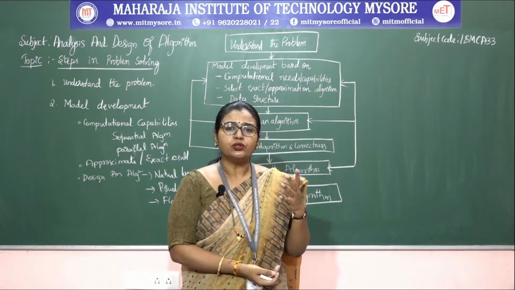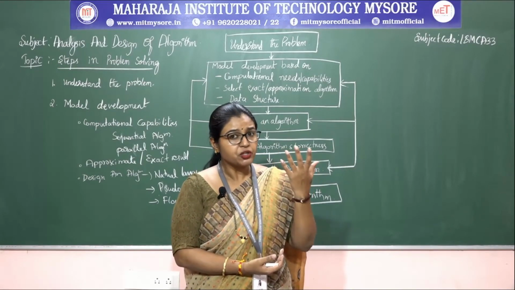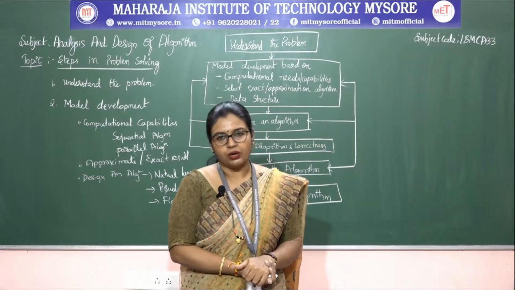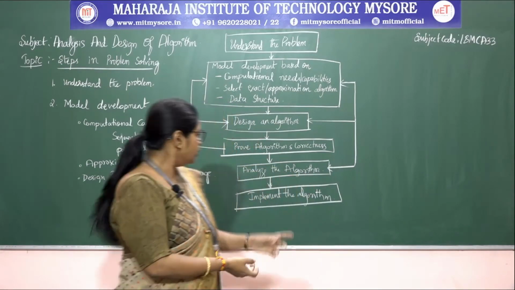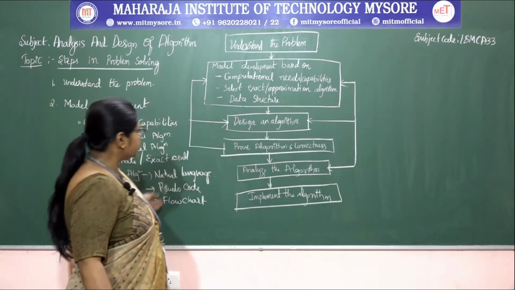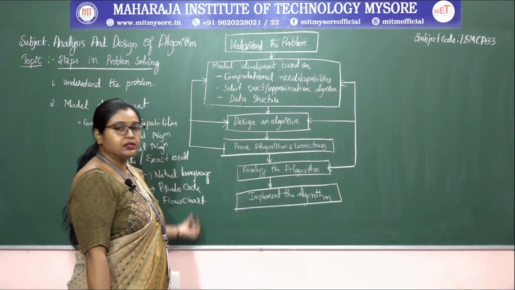That gives you the look and feel: by looking at the picture itself, you come to know how exactly it works. So in these three ways we can write the algorithm.